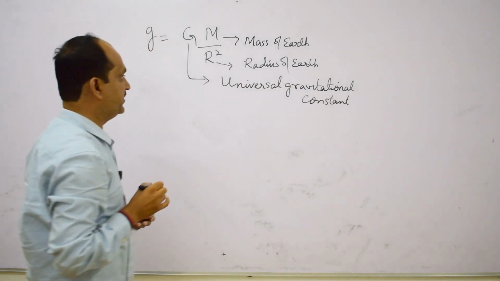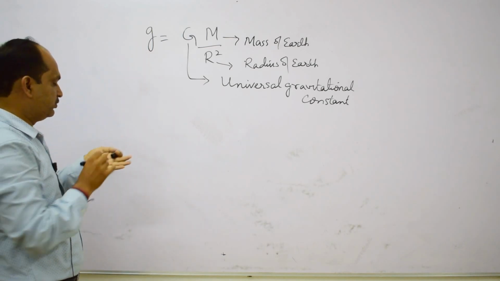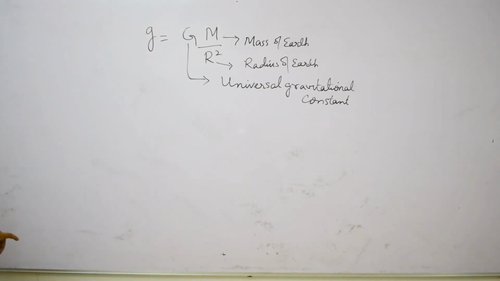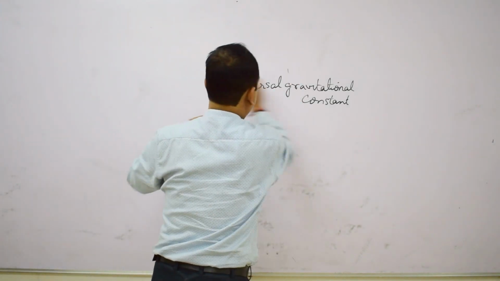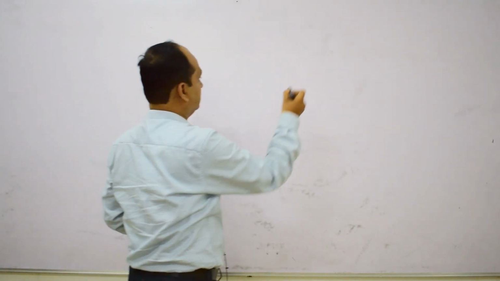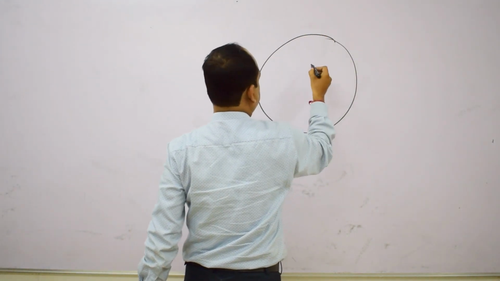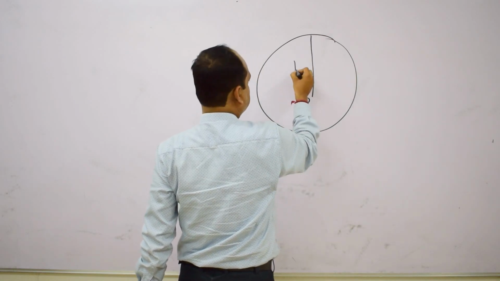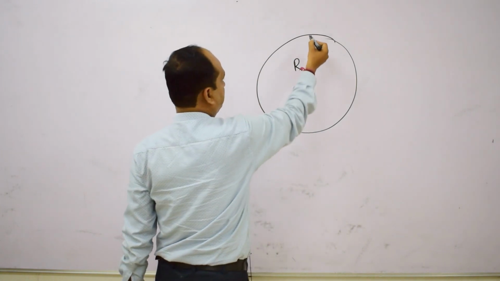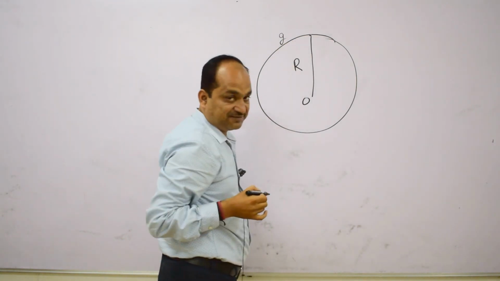Now in the next segment we will discuss the variation of small g due to the height from the surface of earth. Suppose earth to be a sphere of radius R. This is the center of earth, this is the radius, and here we have the value g at the surface of earth.